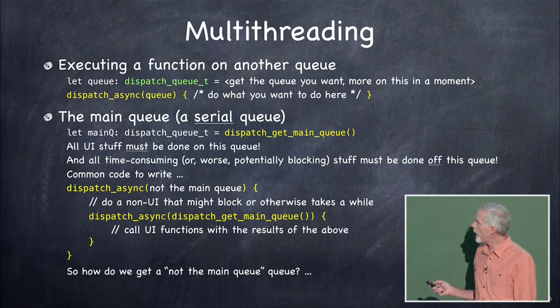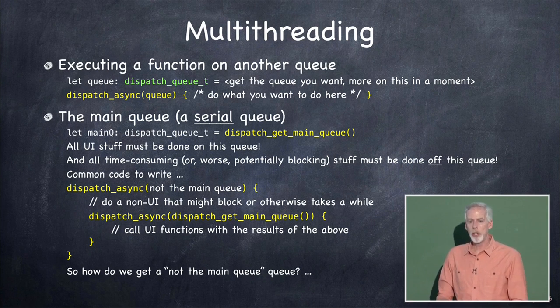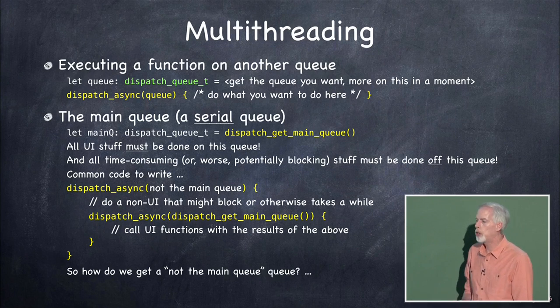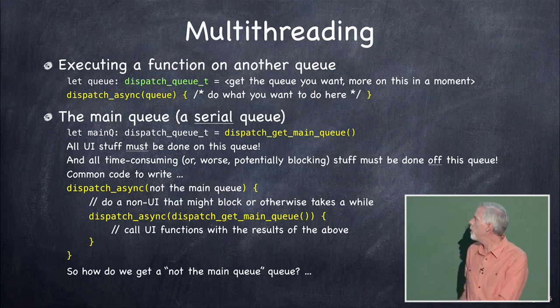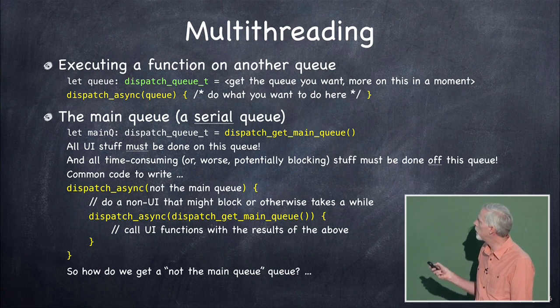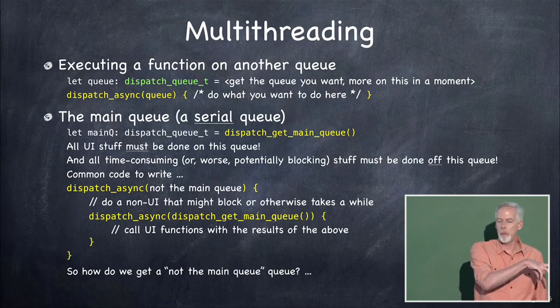And then still inside this closure, you dispatch async again, this time back to the main queue, to do the UI stuff that you need, maybe the image you got from doing this, you now put in the UI here. So look how I'm dispatching within a closure. Can you imagine this outer closure is off running on some other thread in some other queue, and in the middle of it, it puts a block of code, this closure, back on the main queue.